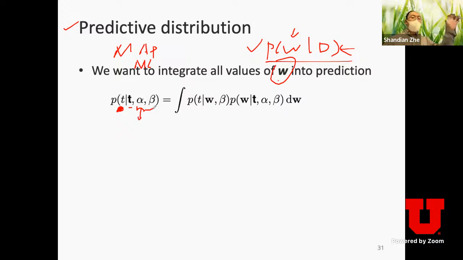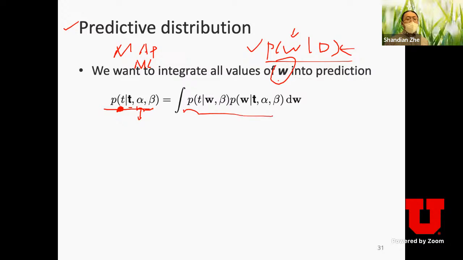Suppose alpha and beta here are fixed. You can see that this predictive distribution actually does not contain W. In other words, if you want to compute it, you need to integrate out, or marginalize out, all the possible W. So how do we do that?